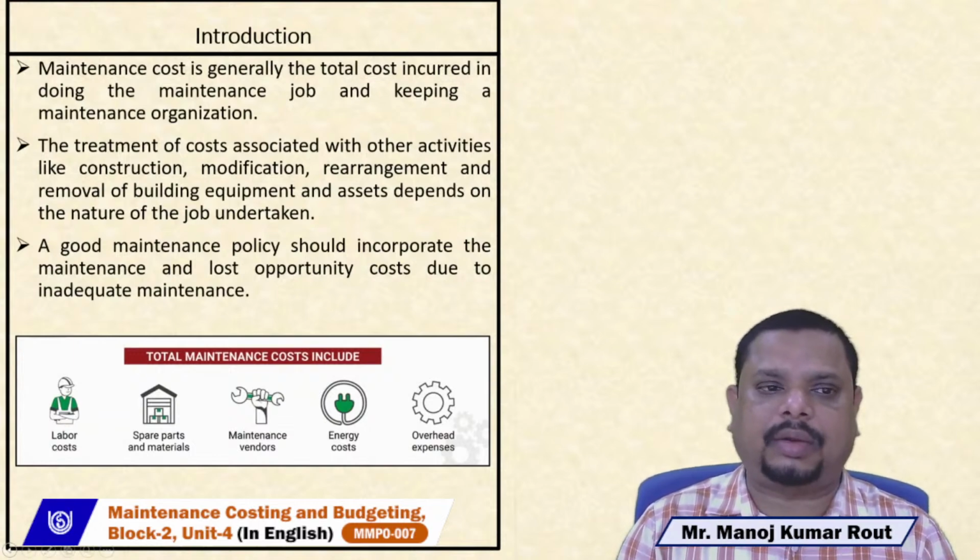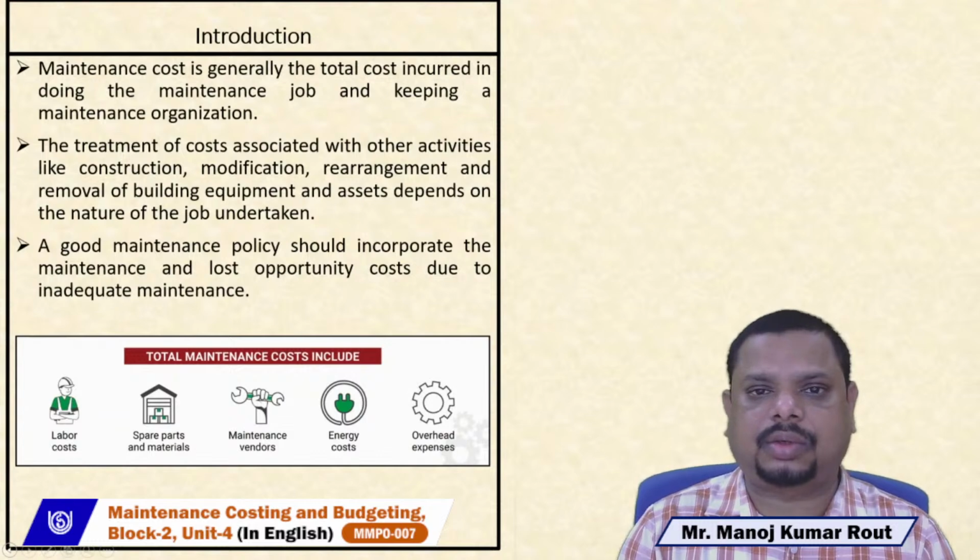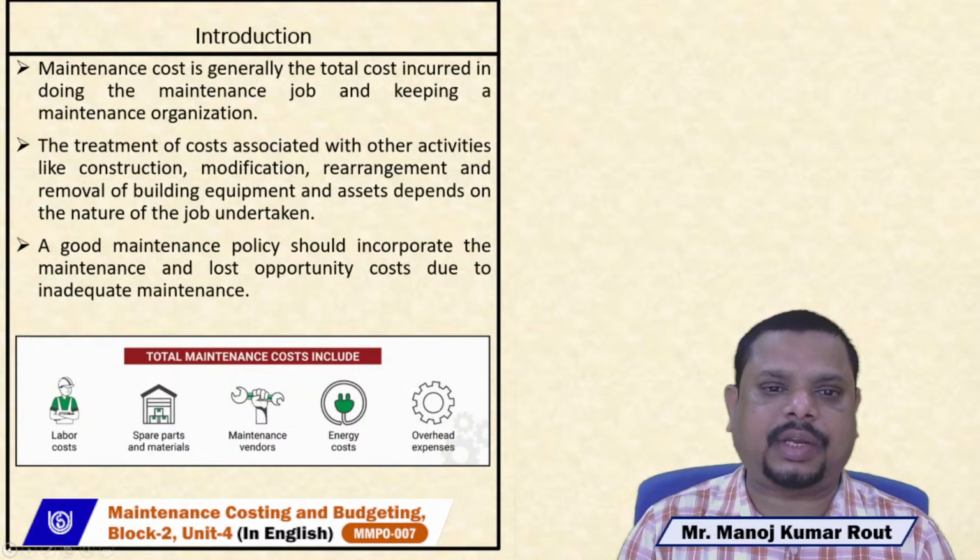Then the treatment of costs associated with other activities like construction cost. The next one is modification. The next we have rearrangement and removal of building and equipment, and assessment depends upon the nature of the job undertaken.